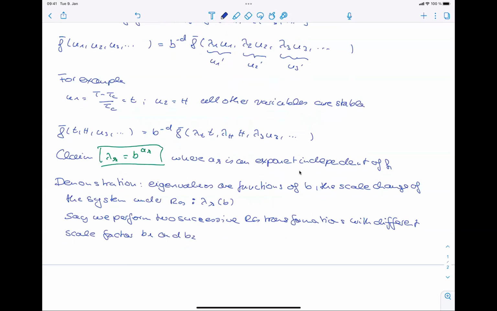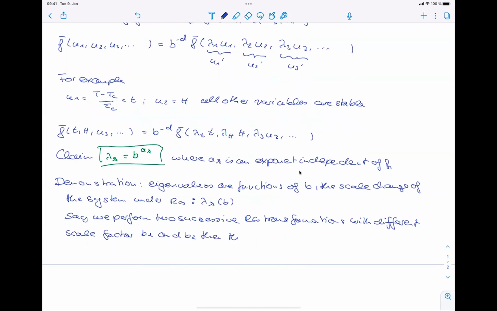Then what would be the total change of scale? So think about the 1D system. It obviously applies for higher dimensions too. So if I first block by a factor of 2, and then I block by a factor of 3, then the final blocking that I have after those two successive blockings is 2 times 3, 6.